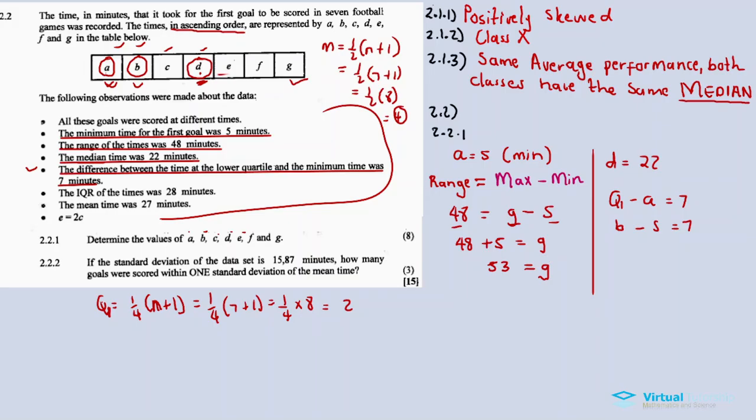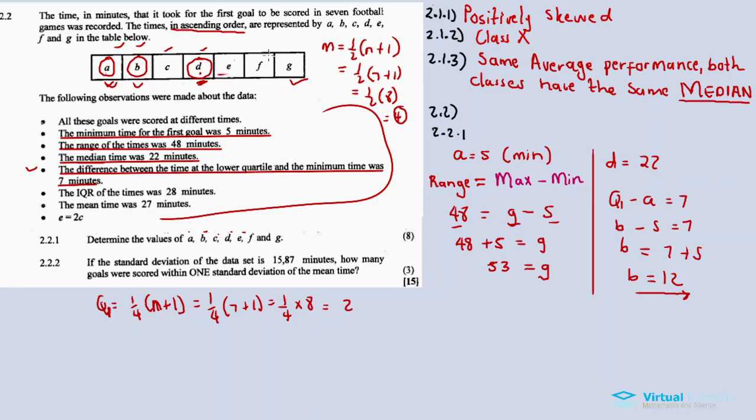Therefore we transpose: B equal to 7 plus 5. So B is equal to 7 plus 5, that is 12. So the B is equal to 12.